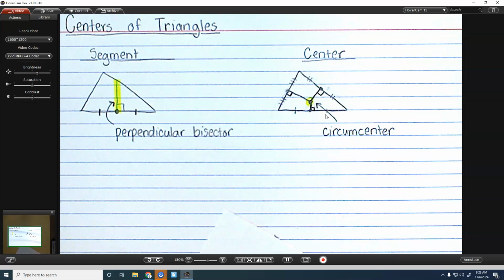And there was one more property that they gave us here, and that was that the circumcenter is equidistant from all of the vertices, right?